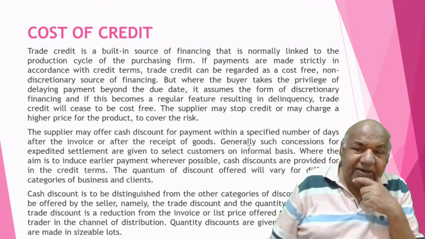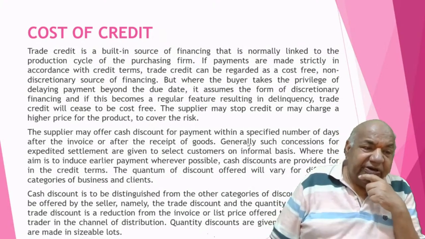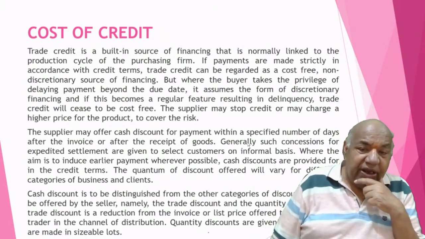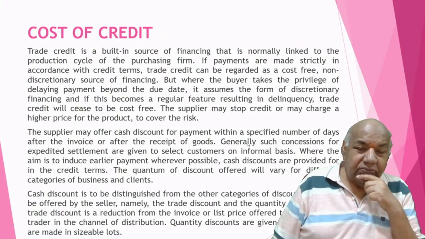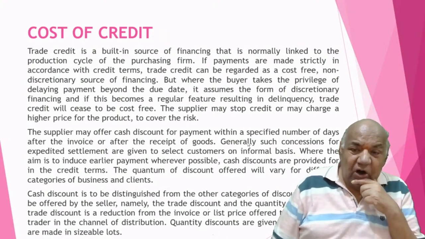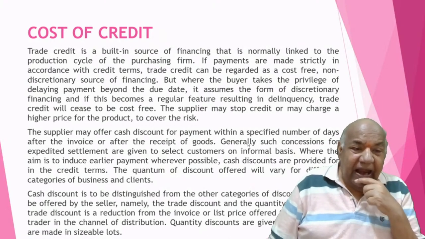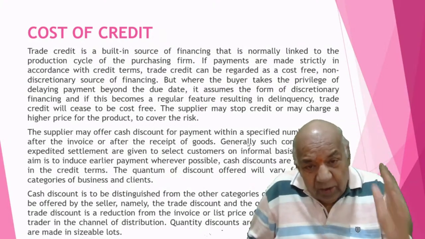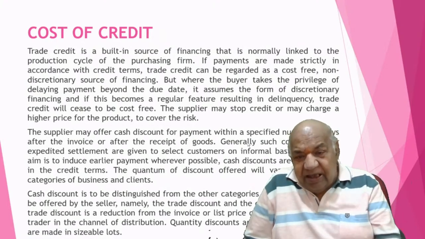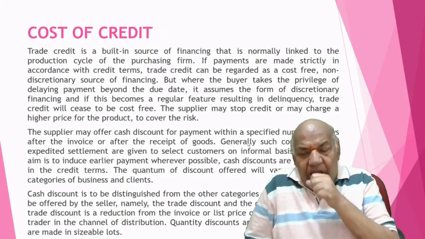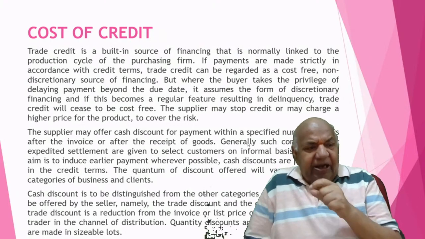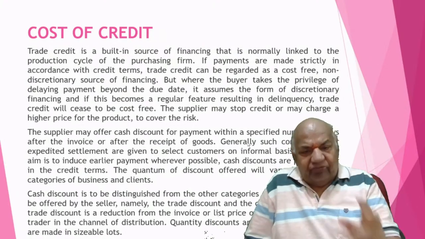But where the buyer takes the privilege of delaying payment beyond the due date, it assumes the form of discretionary financing. And if this becomes a regular feature, resulting in delinquency, trade credit will cease to be costless.